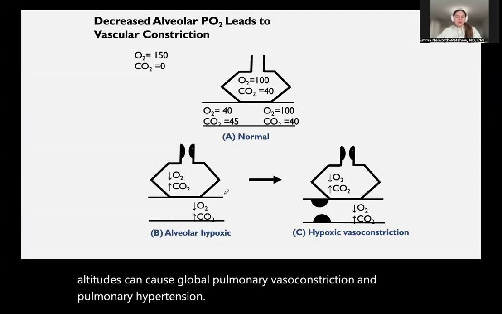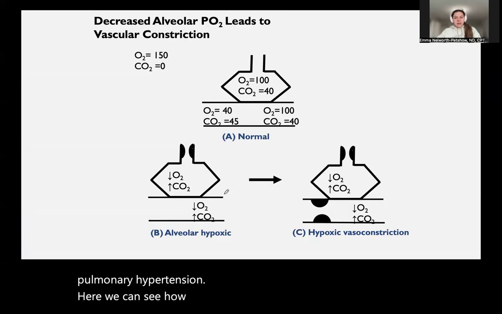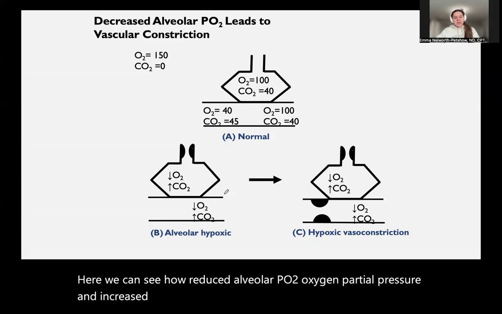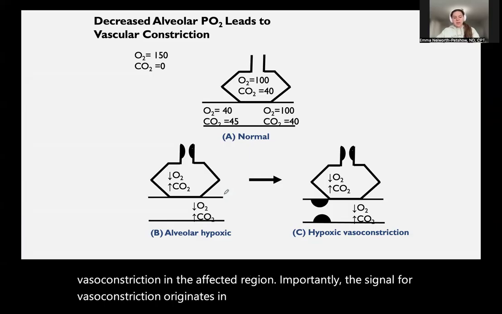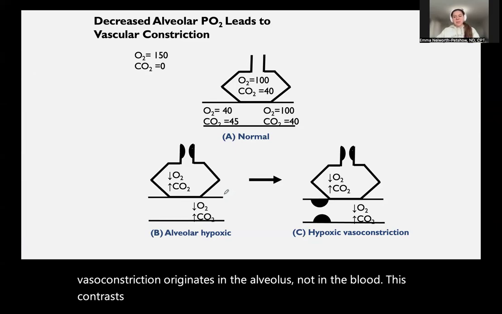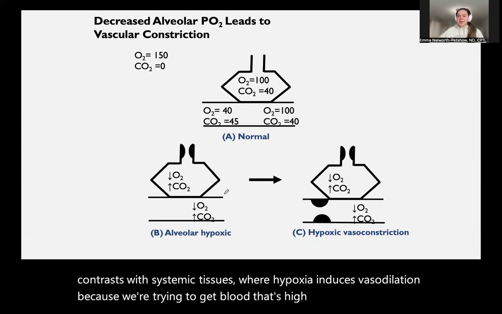Here we can see how reduced alveolar PO2, oxygen partial pressure, and increased PCO2, carbon dioxide partial pressure, trigger vasoconstriction in the affected region. Importantly, the signal for vasoconstriction originates in the alveolus, not in the blood. This contrasts with systemic tissues, where hypoxia induces vasodilation because we're trying to get blood that's high in oxygen to tissues that are low in oxygen.